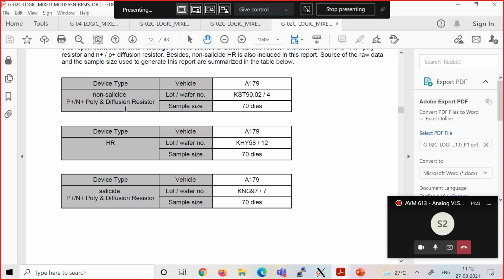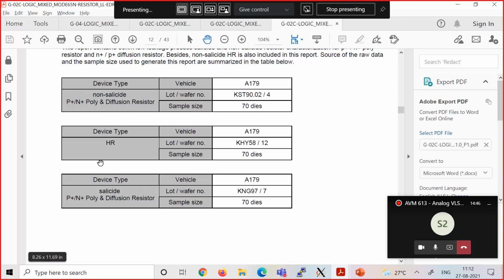Diffusion is also another very good resistor. What is diffusion? You can have N plus diffusion or P plus diffusion, the same material that you use to create the source and the drain regions, right? They have a certain resistivity. So you can create a bar of diffusion or a bar of poly, and then you can use it. They offer what is called non-salicide and salicide.